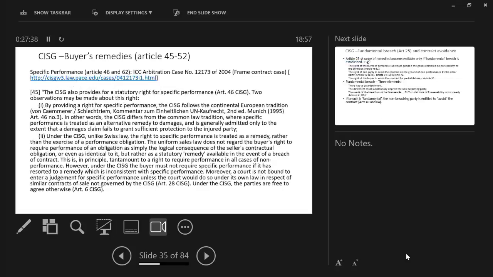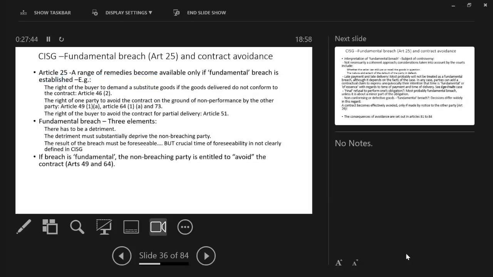Remedies: specific performance is generally, along with damages, the preferred structure. In some cases, however, going back to this idea that circumstances sometimes change, there is the possibility of fundamental breach and contract avoidance.